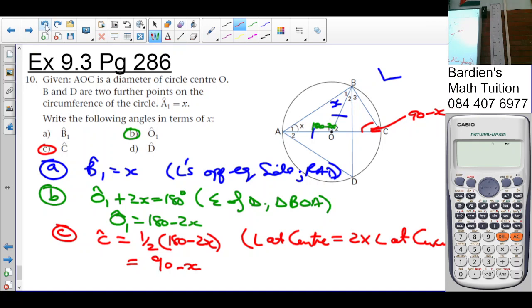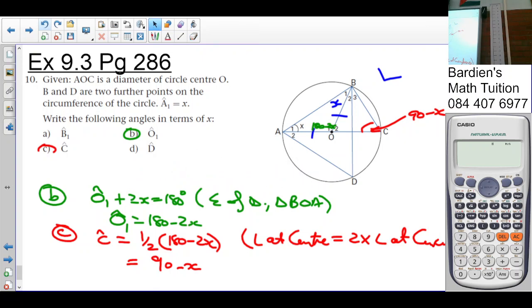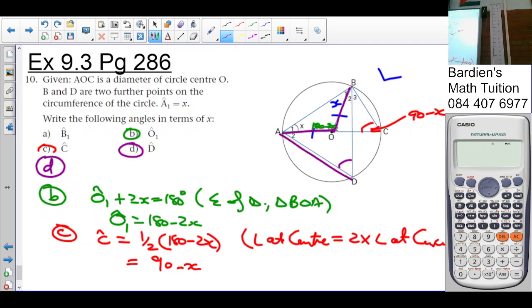Then the next question asks you to work out angle D. Angle D, same story. Angle at center is twice the angle at circumference. Did you see that, people? So angle D. I've used a theorem prior to this question, so I know that is simply 90 minus x.